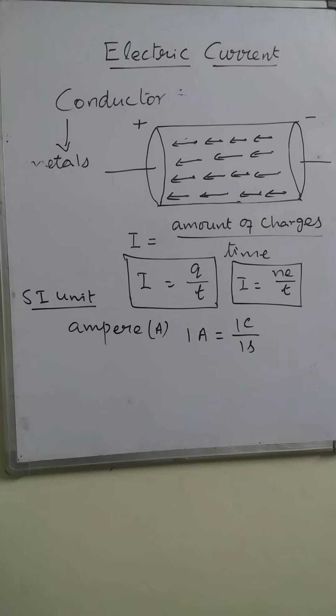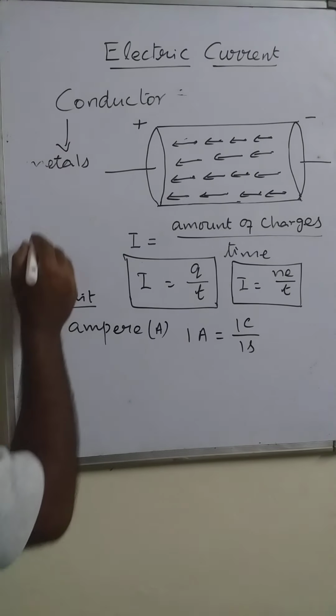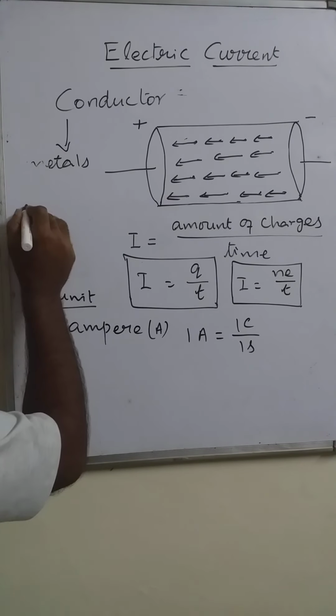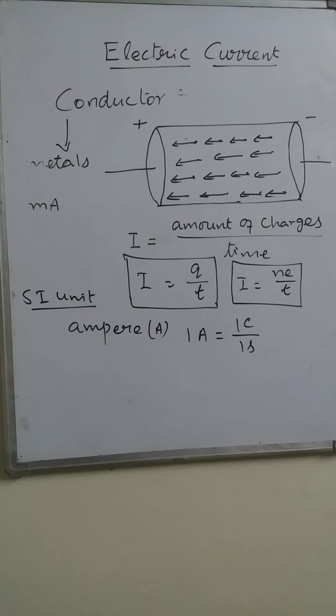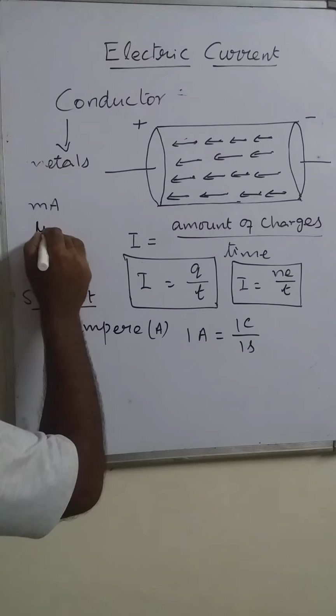In many purposes, in the case of electronic goods, we use very small currents, and small units of current are also used. The small units of current are milliampere and microampere, just like we were using millicoulomb and microcoulomb for charges.